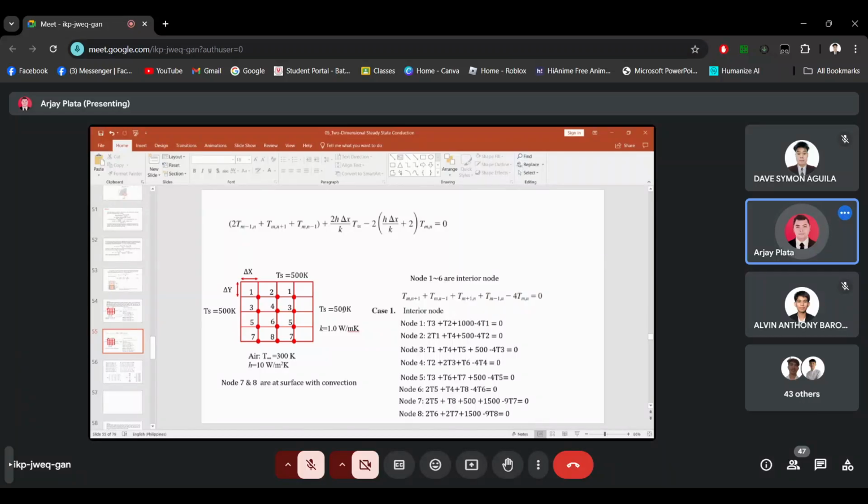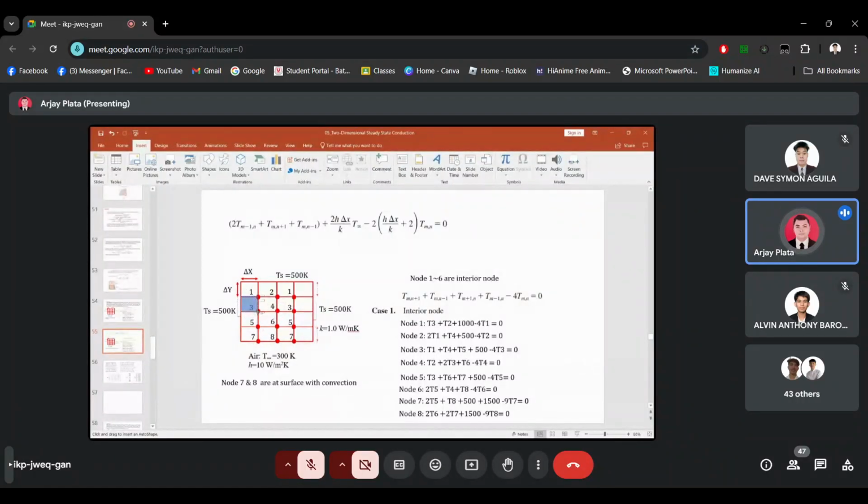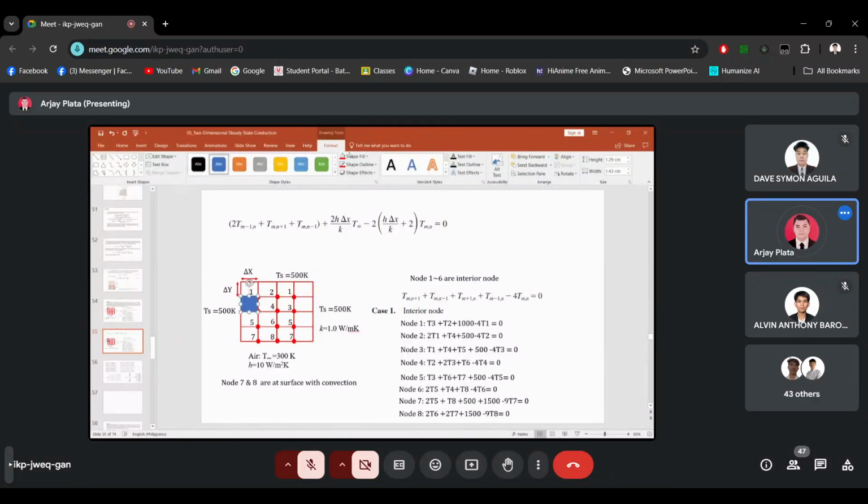Okay. So, but here node 3, this is only based on this part.